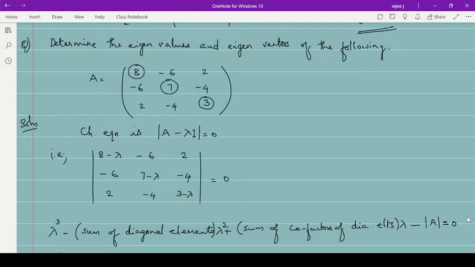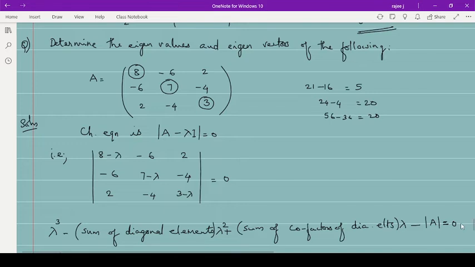The cofactor of 8 is 7 threes are 21 minus 16, that is 5. Then the cofactor of 7: leave that row and column, so it will be 8 threes are 24 minus 4, so 20. And for 3, it is 8 sevens are 56 minus 36, so 20.